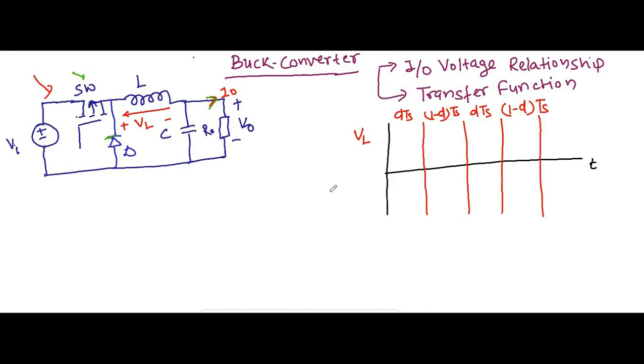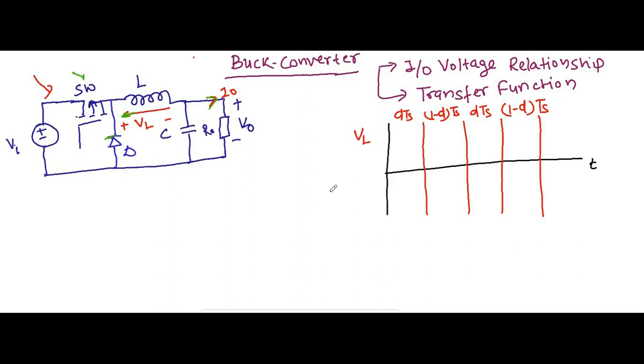Now, in order to find the input output voltage relationship in a buck converter, let us first understand the voltage across the inductor. If you look at my cursor here, the arrow mark is on this side.